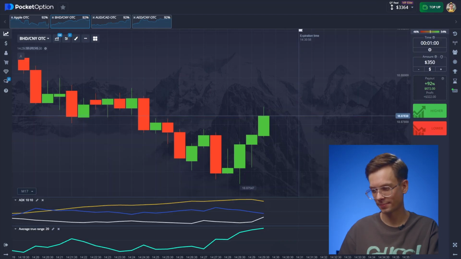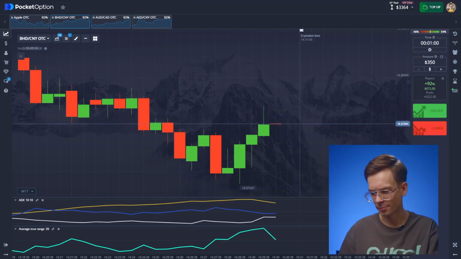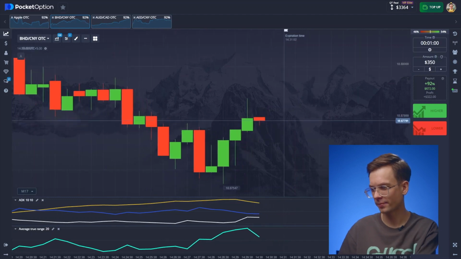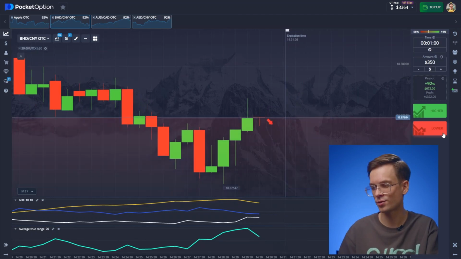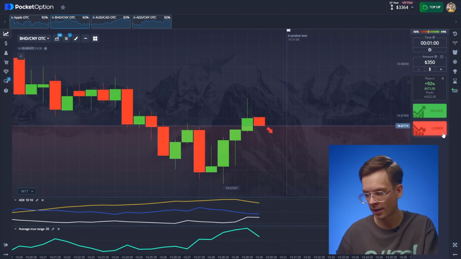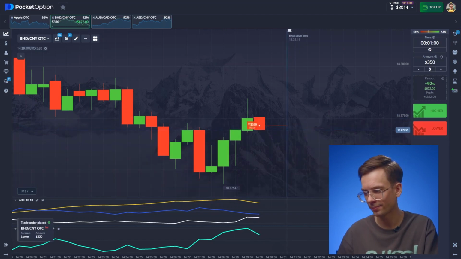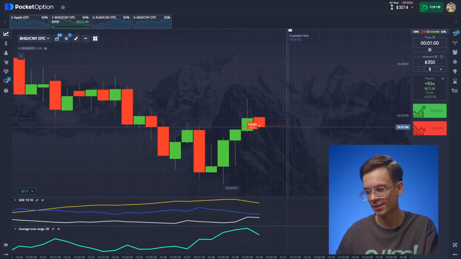That worked out well. Next up, we've got a downtrend. Those long wicks on the candles are making me cautious. Do you see them? That could indicate some uncertainty in the market. So I'm gonna play it safe and choose a moderate volume. I'm entering down after the correction, and as I expected, the move continues in the right direction.